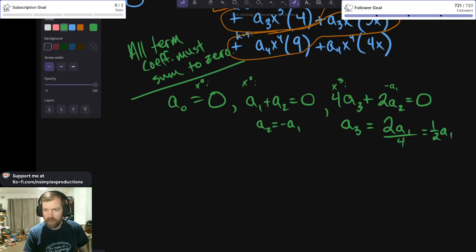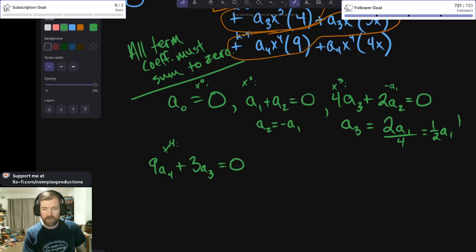Okay, and then for x to the 4th, we have a 9a4 plus 3a3 is going to be equal to 0. a3 is equal to 1/2 a1.